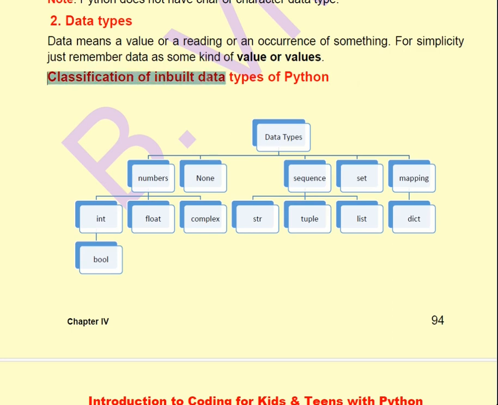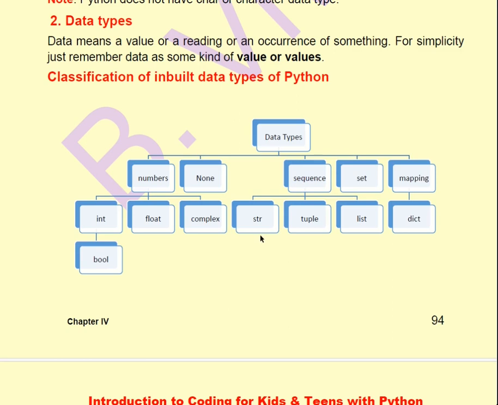Classification of inbuilt data types of Python. The data types are classified as numbers, none, sequence, set, and mapping. The numbers are further classified as int, float, complex. Int can be a bool value also. Sequences are very important in Python.